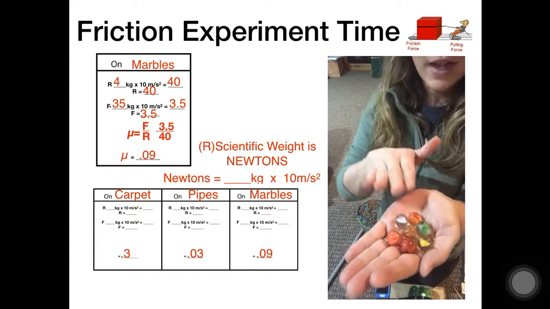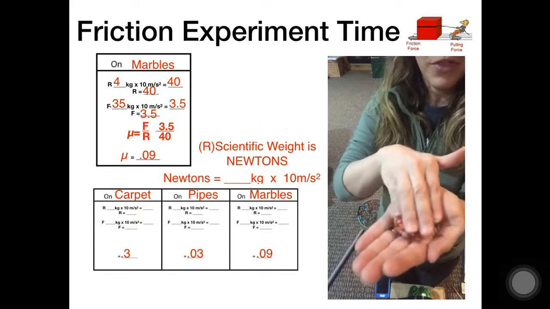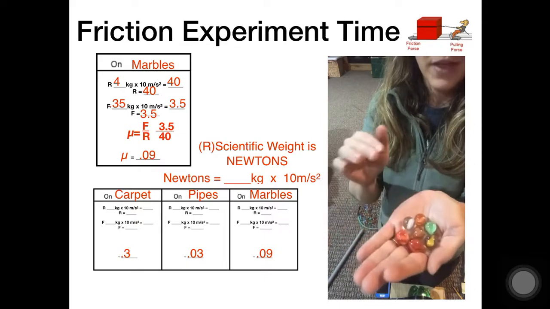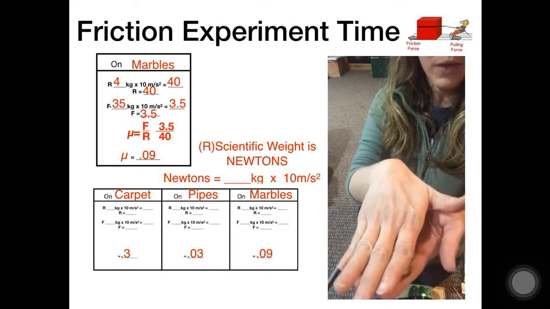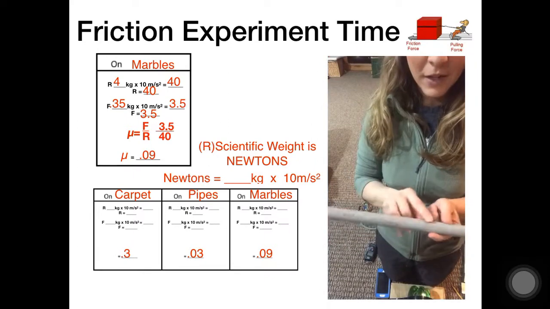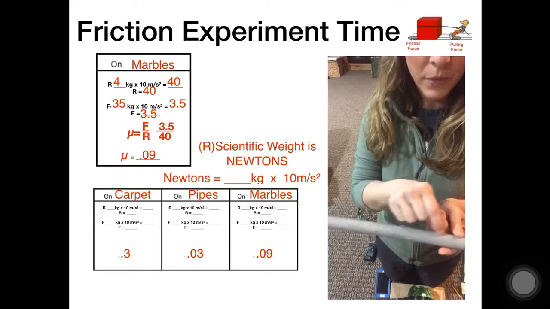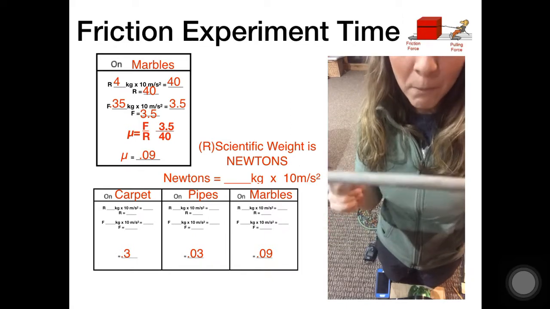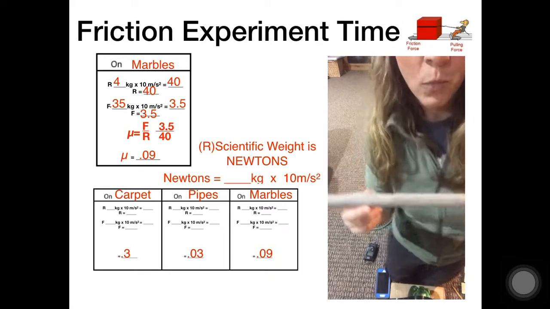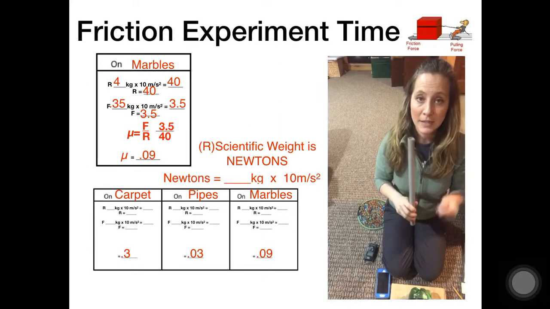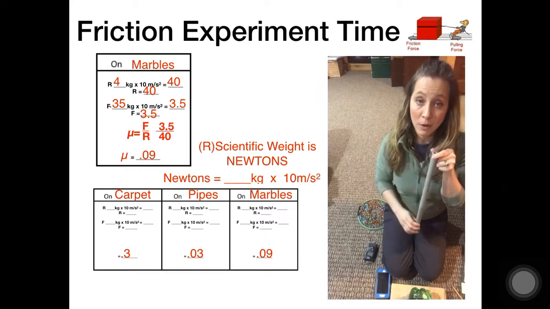So the surface area that is rubbing with the marbles is actually greater, okay, when it's rolling, than the surface area that is being touched on the pipe with the single spot. Okay, so with marbles, what it comes down to when we're talking about friction is surface area that is rubbing against each other.